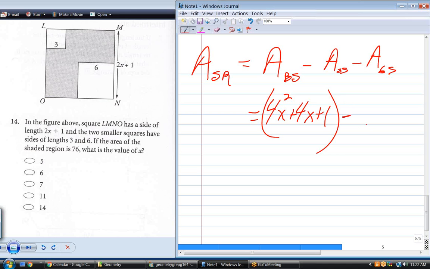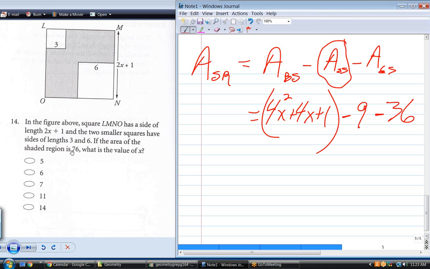That would be 3 squared, so 9, so minus 9. And the area of the other square, minus 36.